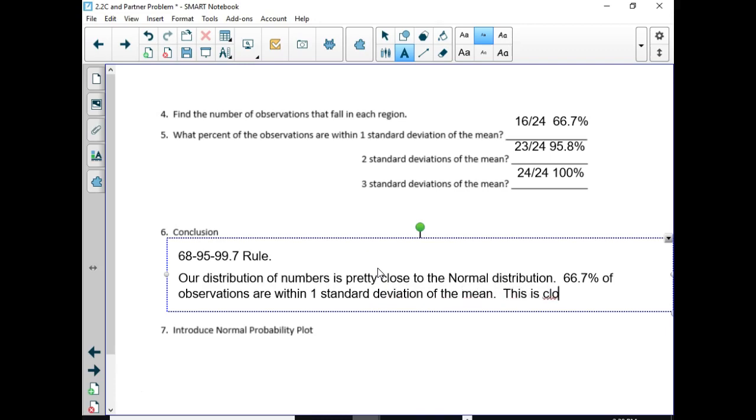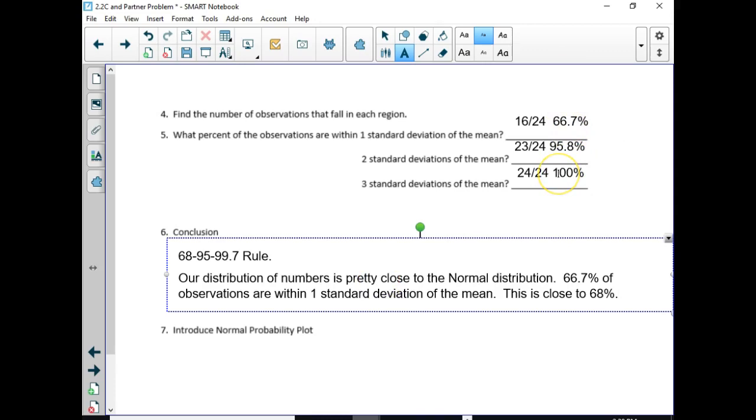This is close to 68. 95.8% of our observations are within 2 standard deviations of the mean, and that's very close to 95%. And 100% of our observations are within 3 standard deviations of the mean. Again, close to 99.7%.